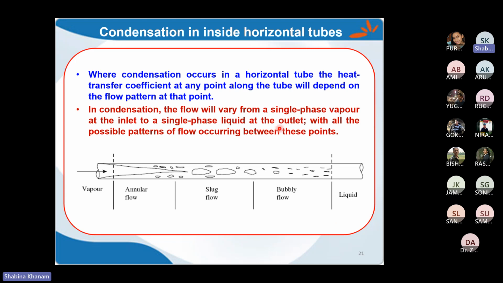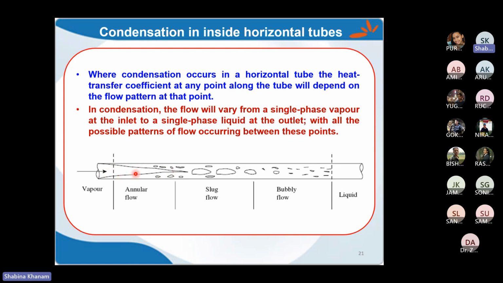In condensation the flow will vary from single phase vapor, as you can see over here. Because of the lower temperature at the wall, the condensation will start from the wall and it will make the annular flow.